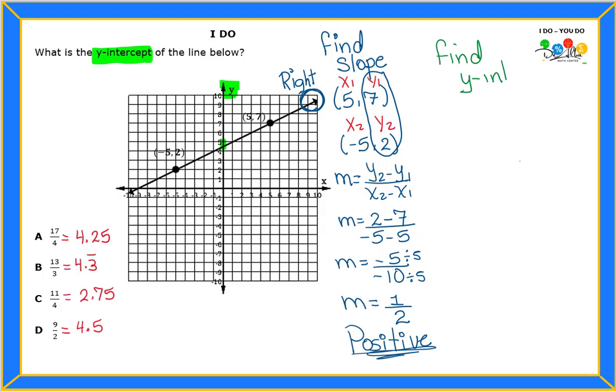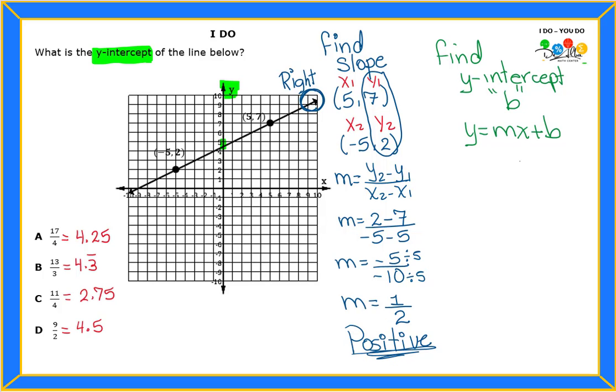Okay, to find the y-intercept, I hope that you're thinking about b. Okay, and there is a formula for the slope-intercept form, which says y equals mx plus b. Okay, where m is the slope and x and y would be one of the coordinates for one of the points that I have.